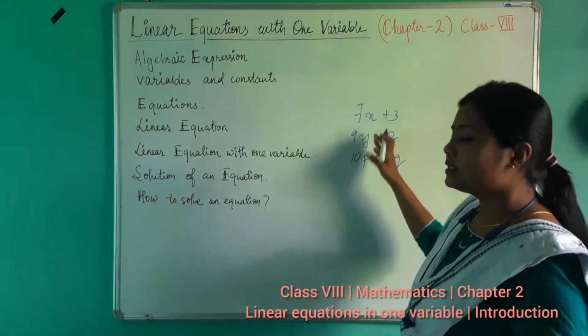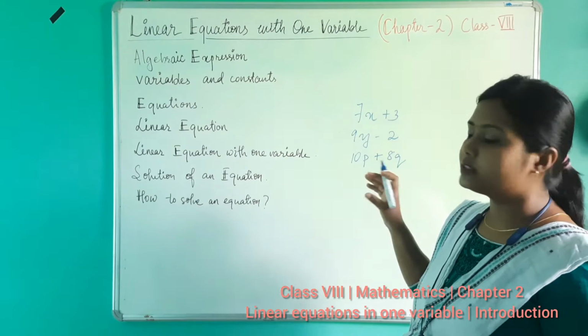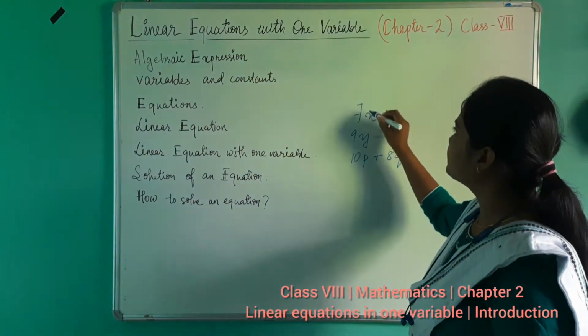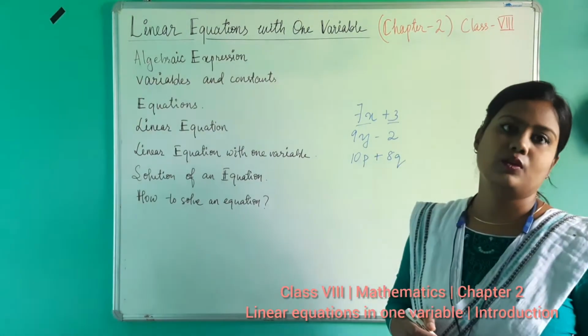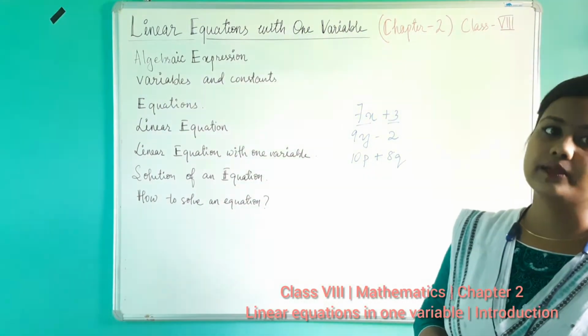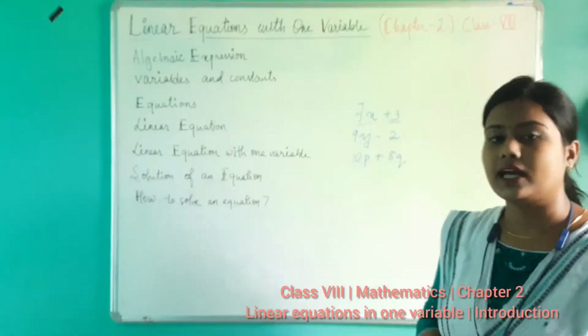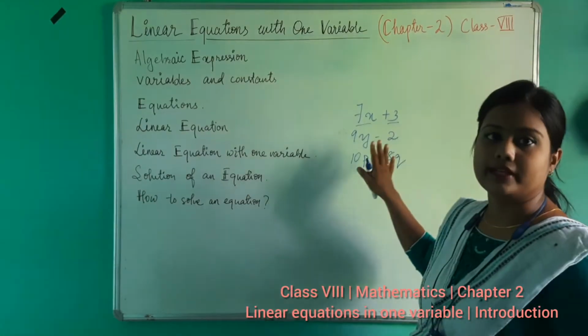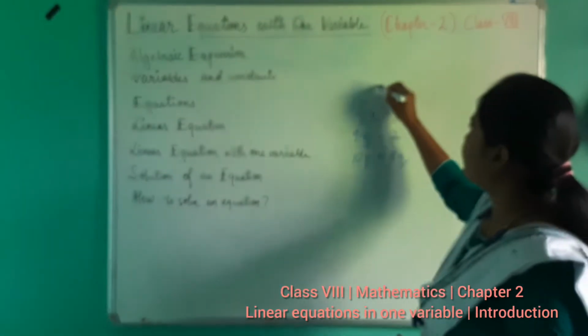There are alphabets and numbers, and some operations have been made between the individual terms. So these are known as algebraic expressions, where constants and variable terms are present and some mathematical operations have been made.